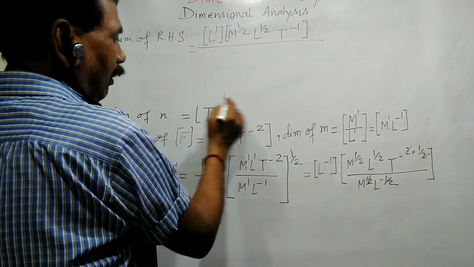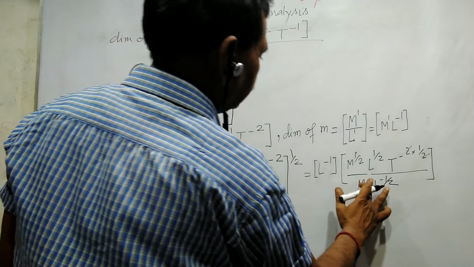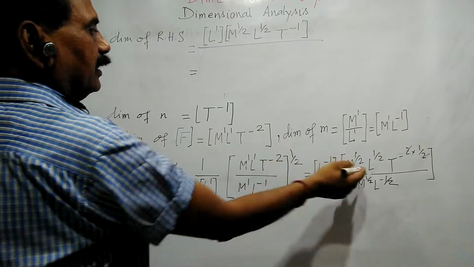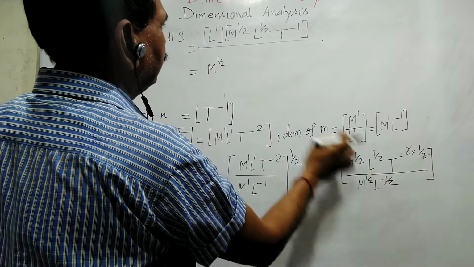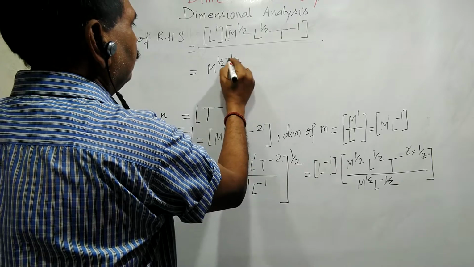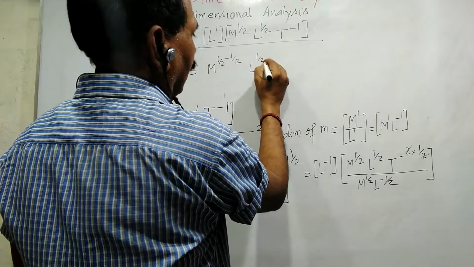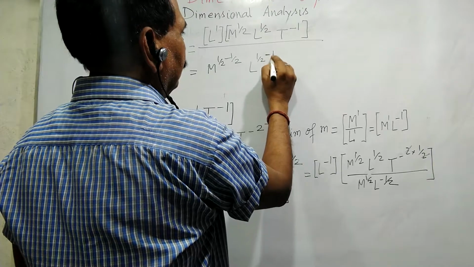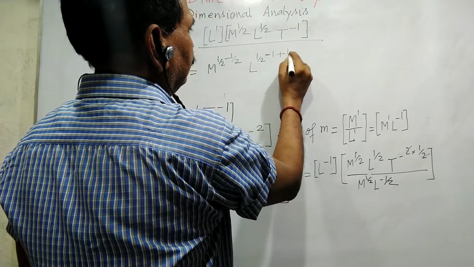Then combine it. M to the power half, this is minus. Then m to the power half, this one, and m to the power half, this one, that will be with minus half. Now let us take L to the power half, and this one with minus 1, and this one with plus half.